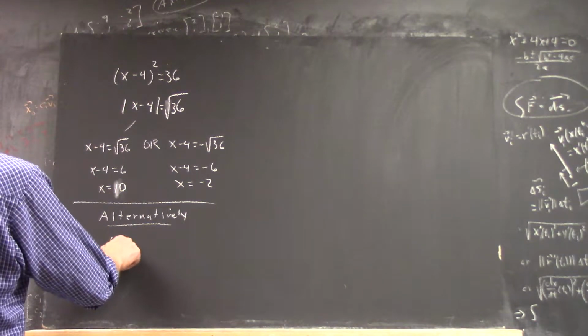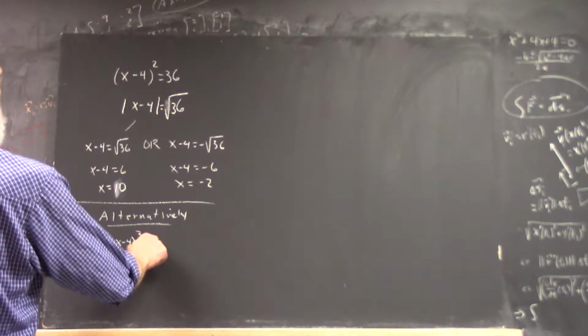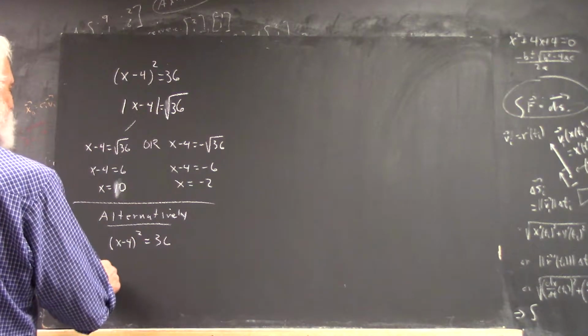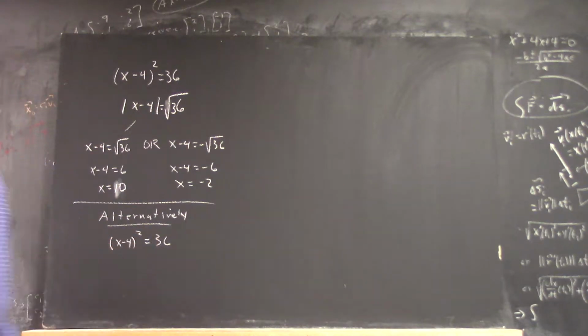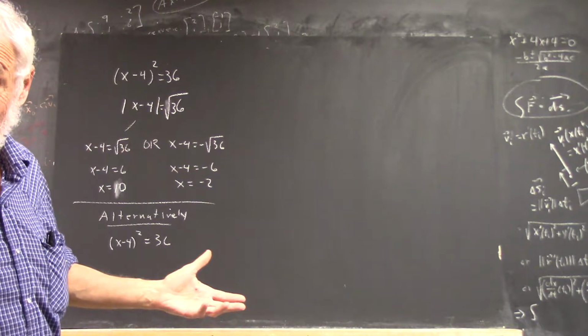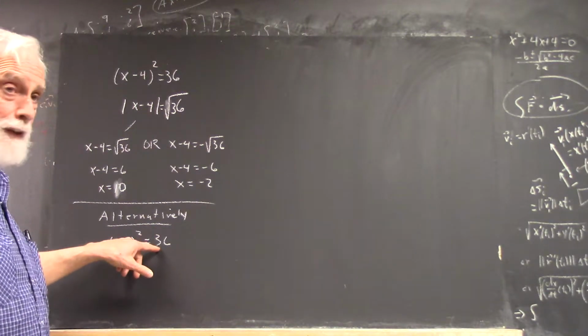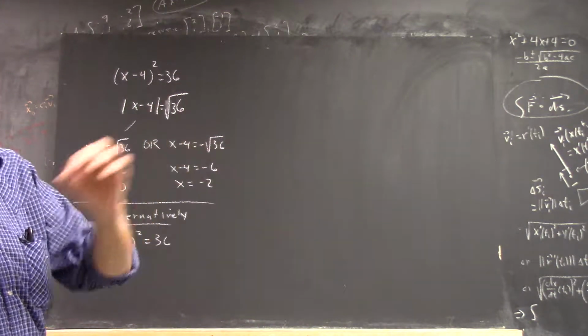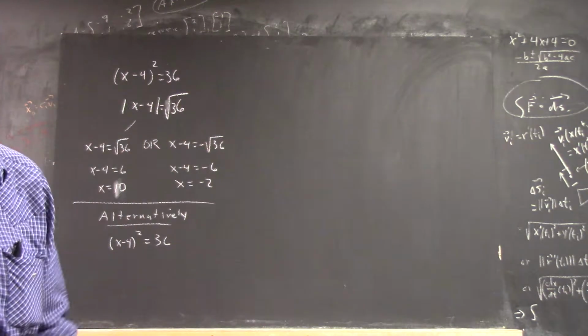Alternatively, anyhow, you say x minus 4 squared equals 36. So what do you square to get 36? It's either going to be 6 or negative 6. And if this was 37, you don't know what the square root of 37 is, but you know it's either going to be the square root of 37 or negative square root of 37, right?